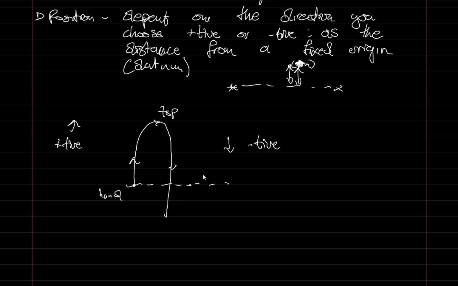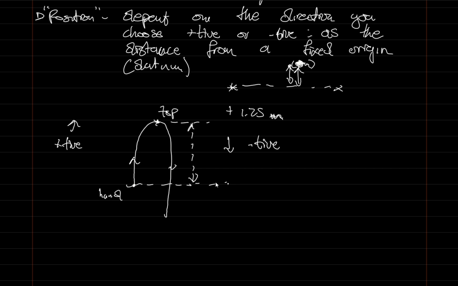Now, in terms of position, let's say the ball is at the top. The ball here, its position would be positive 1.25 meters. See what I did there? I stated direction and its magnitude.